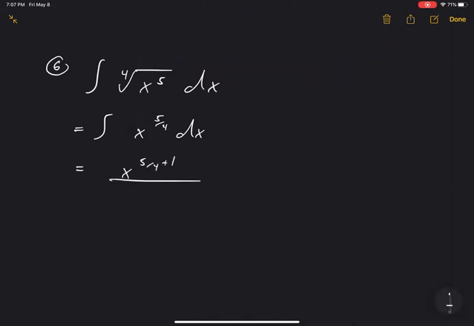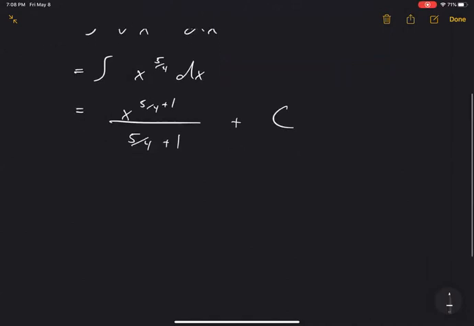So let's see. Okay, so now we're just going to simplify. x to the 5 over 4 plus 1. Well, 5 over 4 plus 1 is 9 over 4. And then we're dividing by 9 over 4 as well.